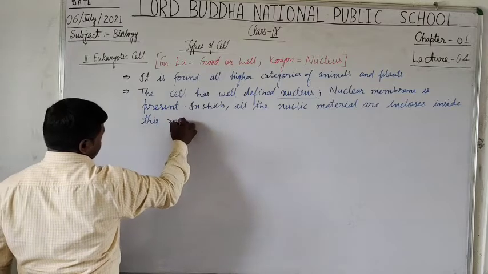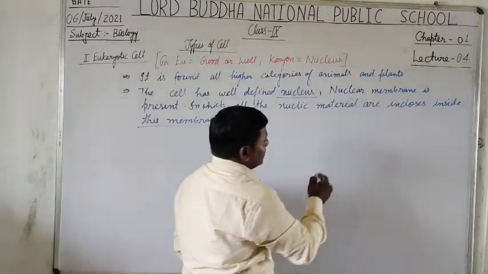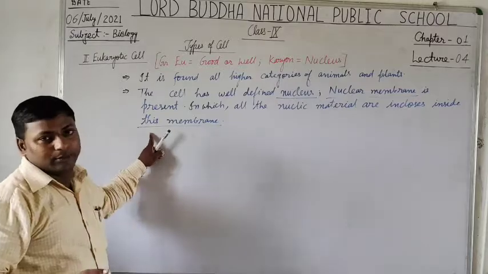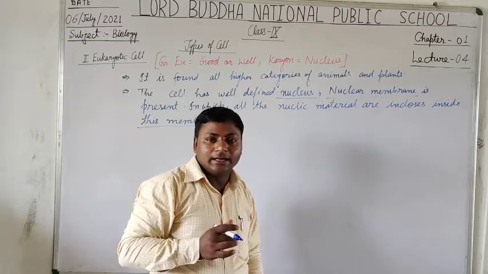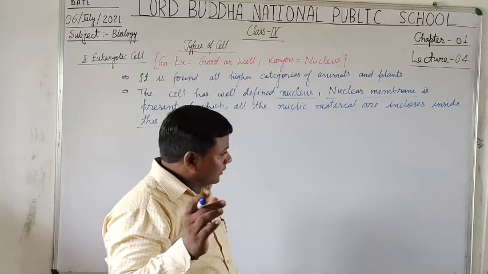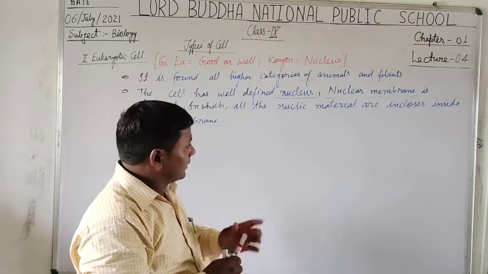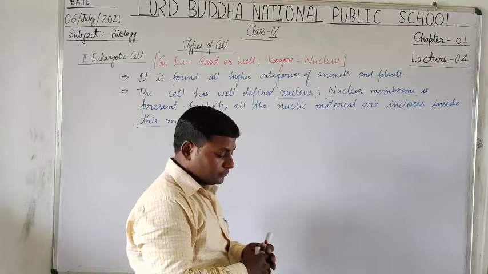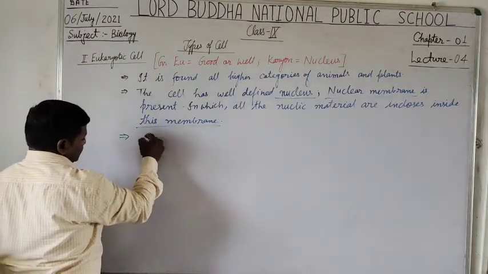What is the meaning of this membrane? This membrane means the nuclear membrane. All the nucleic materials such as DNA, RNA, nucleoplasm, nucleolus, and the chromatin threads or fibers are well bounded by the nuclear membrane. And students, the eukaryotic cells contain cell organelles.